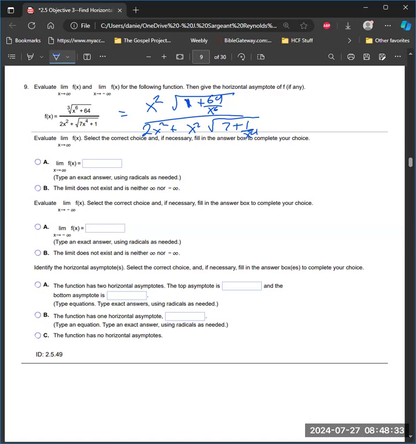So this is going to simplify in all cases to this. And then when I take the limit as x goes to infinity, that's going to be cube root of 1 over 2 plus square root of 7.